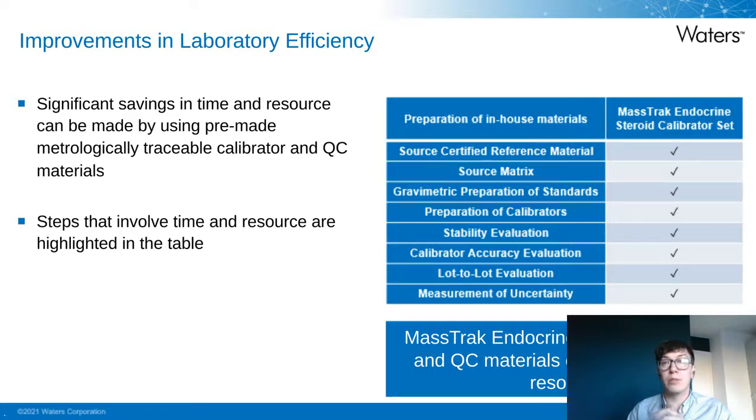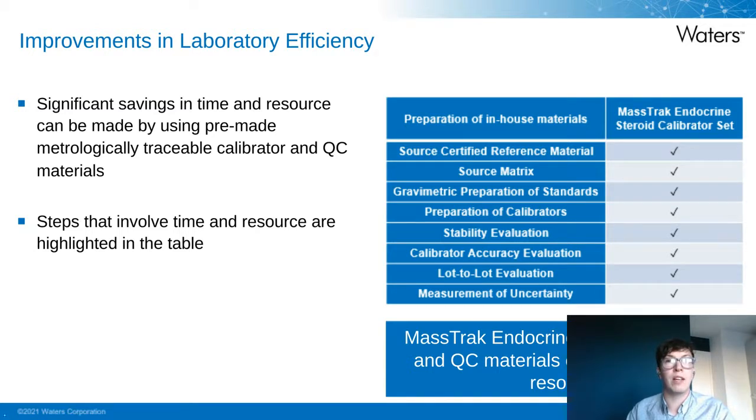So the table to the right highlights the end user steps that are negated by using manufacturer-provided Calibrator and QCs. And this results in significant time and resource savings that can be associated with the generation of in-house calibration materials. So just going through this list to highlight some of those steps, the lab no longer needs to source their own CRM and matrix for the steroid hormones.